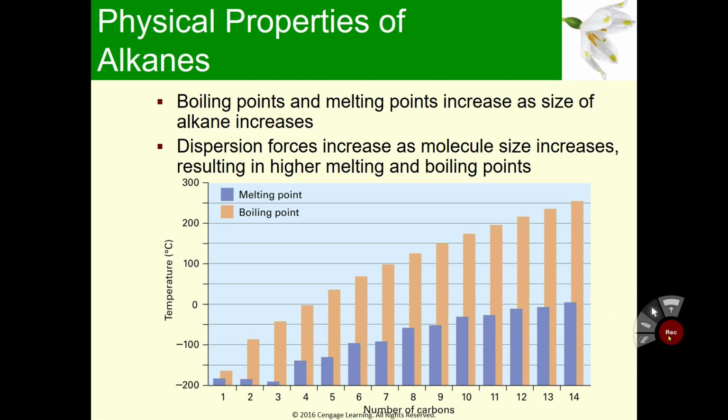The reason is that as the size of alkane increases, the intermolecular interactions between hydrocarbon molecules increase because their contact area among molecules increases, and their interaction increases, which makes melting point and boiling point higher.